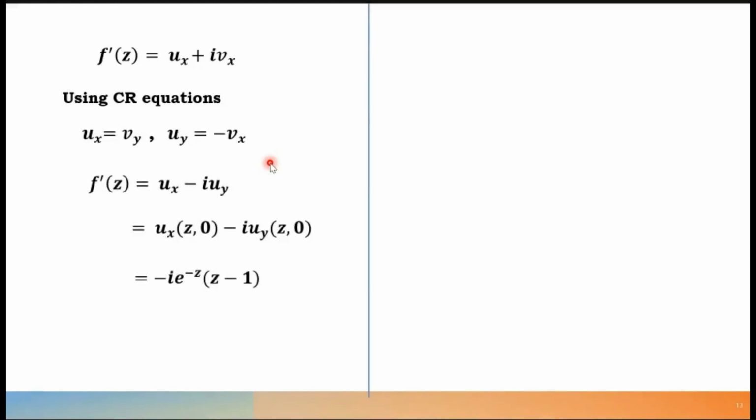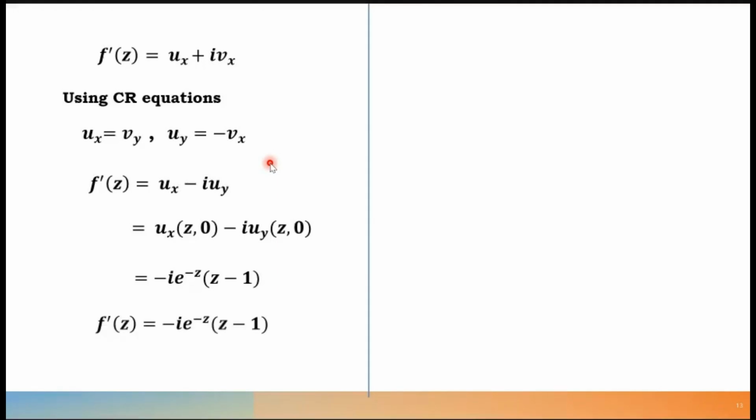Same steps. So minus i e raised to minus z into z minus 1. Integrating.